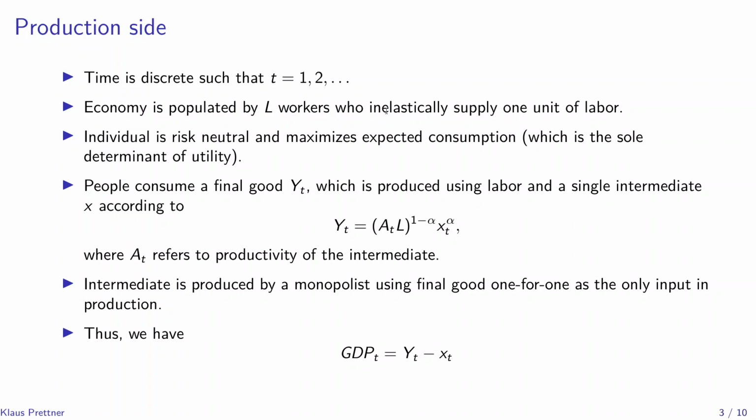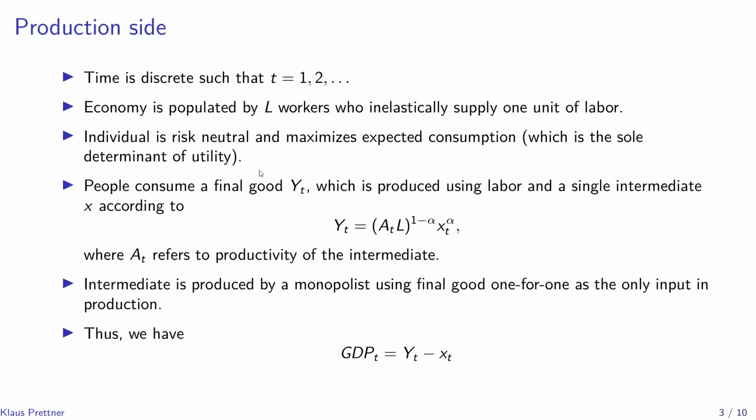Each of them inelastically supplies 1 unit of labor on the labor market. The individuals are risk neutral and maximize the expected consumption level, and this is the sole determinant of utility. So there is no other component of the utility function, such as leisure and so on and so forth.